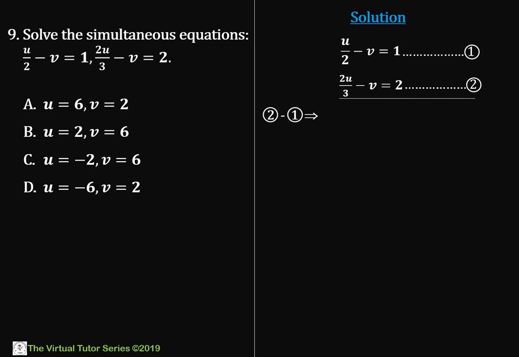That is, 2u over 3 minus u over 2, minus v minus negative v, is equal to 2 minus 1. Negative and negative is positive, so negative v gets rid of v.